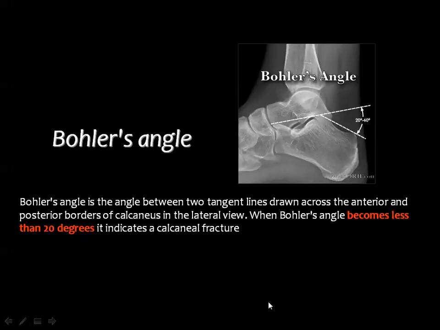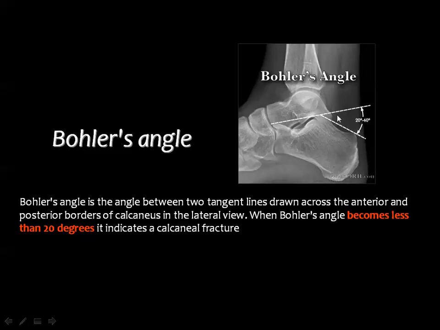Then for the diagnosis of calcanean fractures, there are many angles, and this is one of them. You draw a line along the two highest points of the surface of the calcaneus against the talus, and you draw a line along the posterior surface of the calcaneus.